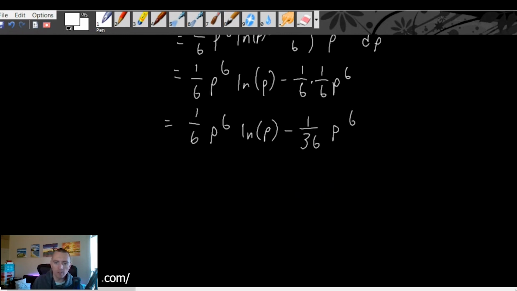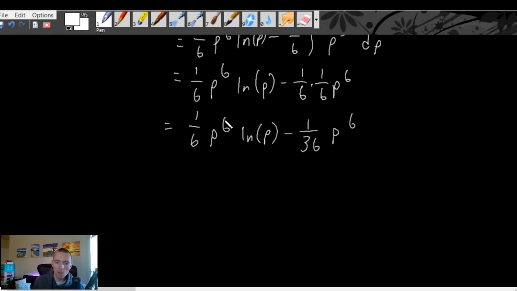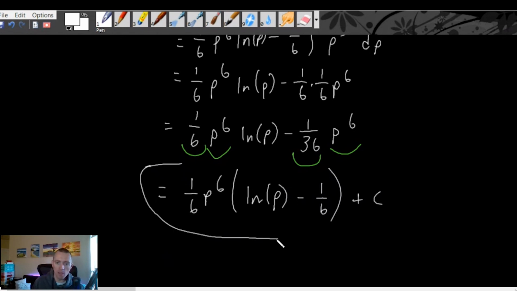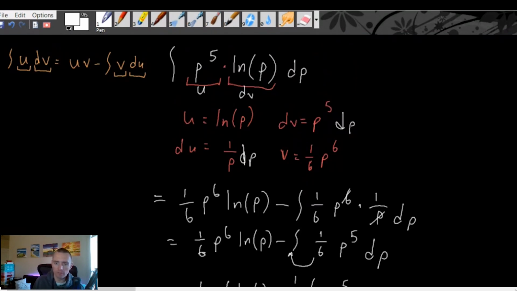And we could simplify this a bit by pulling out a 1/6 p to the 6, because both terms have a 1/6 in common that we could factor out, and they both have a p to the 6 that we could factor out. Doing that is just going to give us 1/6 p to the 6, and then parentheses ln p minus 1/6. And then actually we do want to add a plus c on there as well. And that's going to be the integral of the original function that we had to find the integral of.